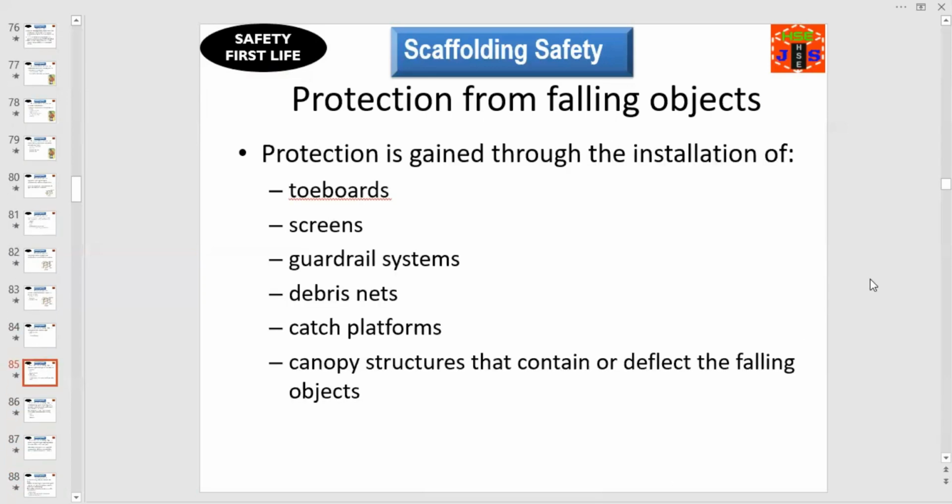Protection is gained through the installation of toe boards, screens, guardrail systems, debris nets, catch platforms, and canopy structures that contain or deflect the falling objects. These are all different methods to capture falling objects before a falling object turns into an accident, injury, or fatality.